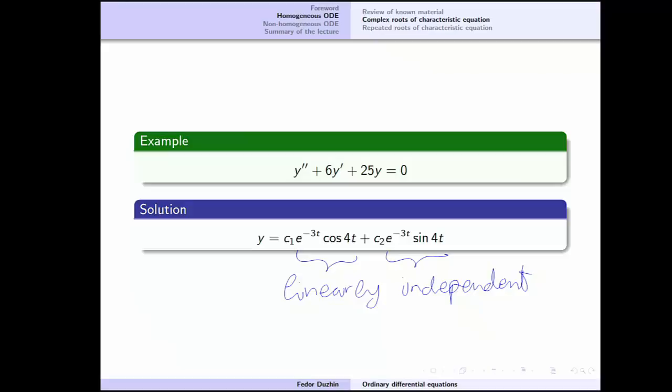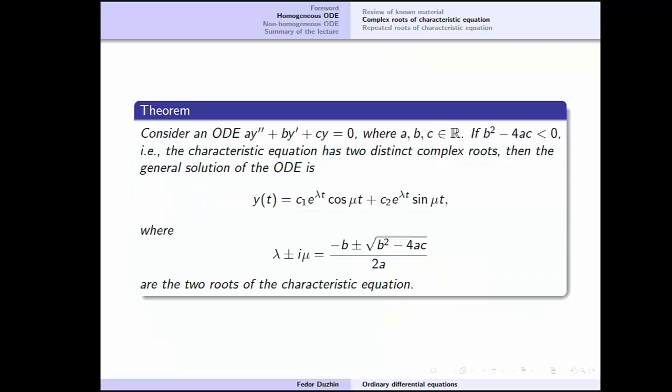Alright, of course, now I just explained the particular example, but the general situation is going to be the same, because our explanation did not really depend on the exact values of minus 3 and 4. Which means it is going to be true for any second-order differential equation where the characteristic equation has complex roots.